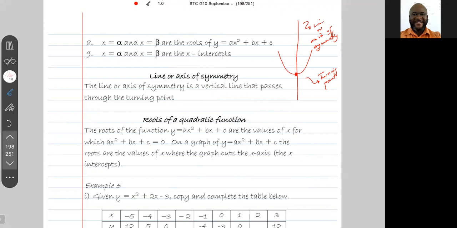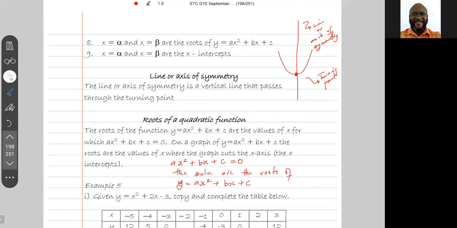So if you solve the equation ax squared plus bx plus c is equal to 0, the values of x you get when you solve this equation, the solutions, are the roots of y is equal to ax squared plus bx plus c.